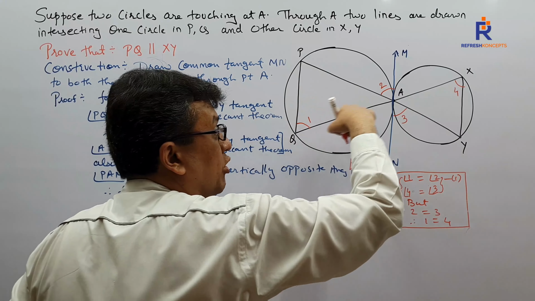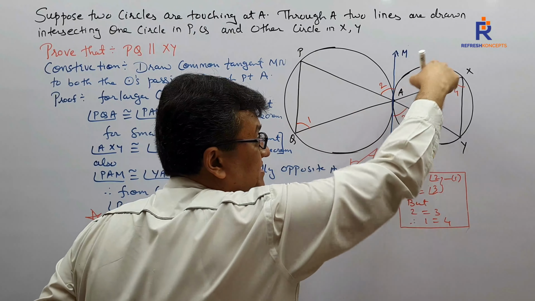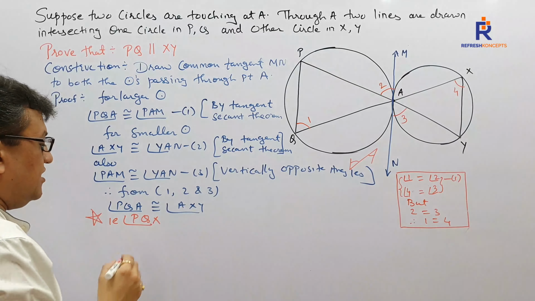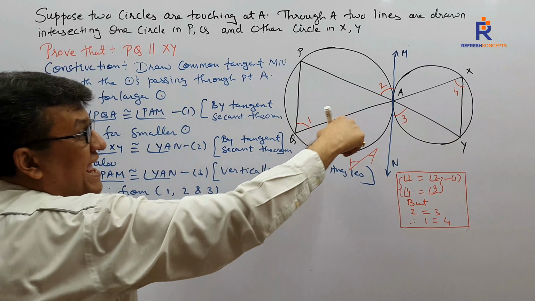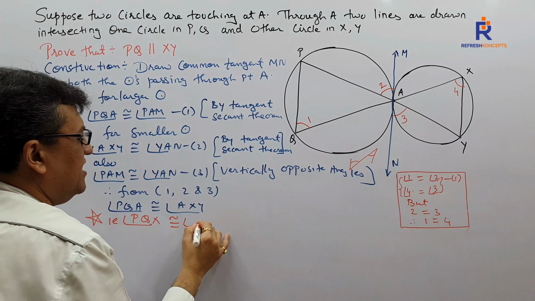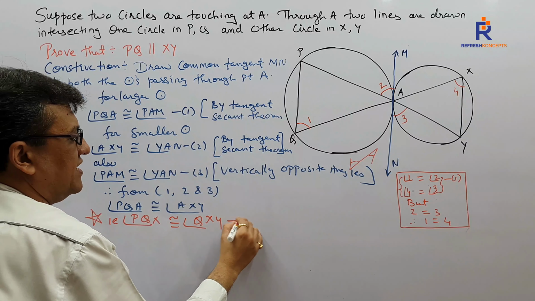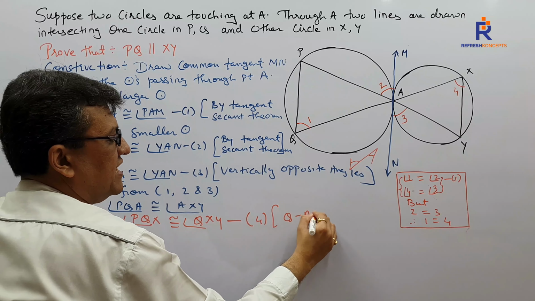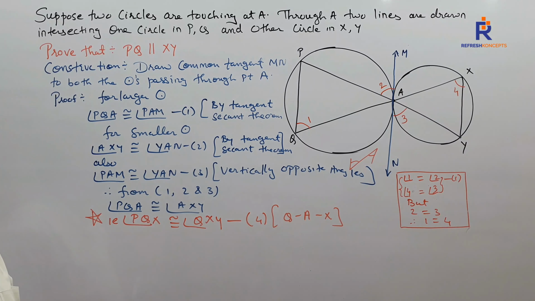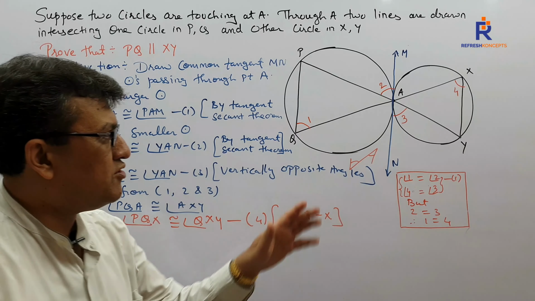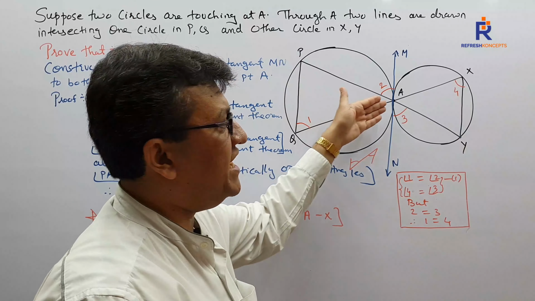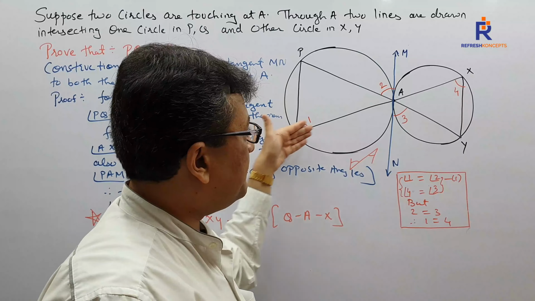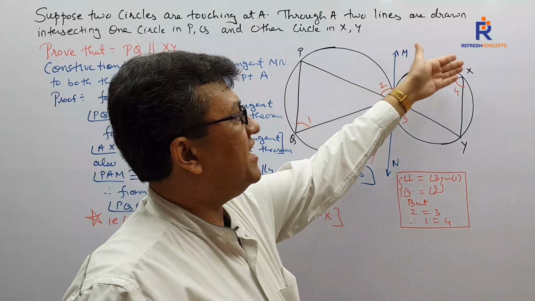Why? Because when we say alternate angles, we are going to take the entire Z shape. Instead of saying AXY, I shall say QXY. Equation number 4, by collinearity of Q, A, X. I hope my children are understanding this. We cannot restrict ourselves to PQA. We have to go beyond and say PQX and QXY.